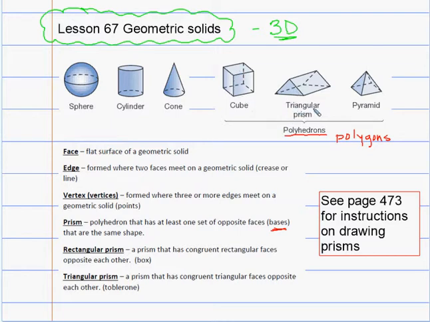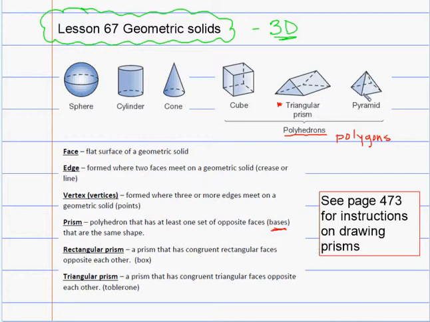A triangular prism is named triangular prism because that tells you what kind of base you have. It has a triangle for a base and then another triangle for a base. Those are parallel and they are congruent. Okay, so they're in parallel planes.